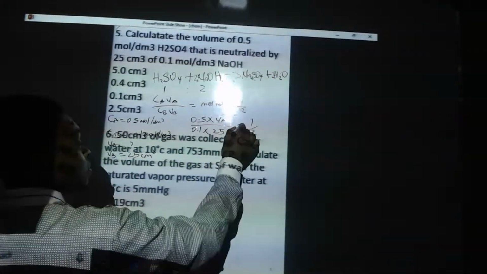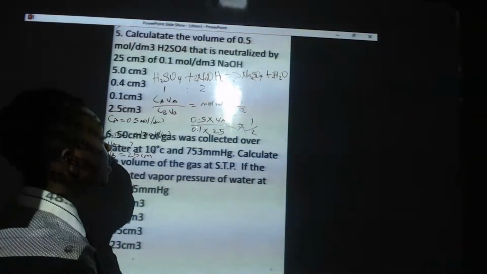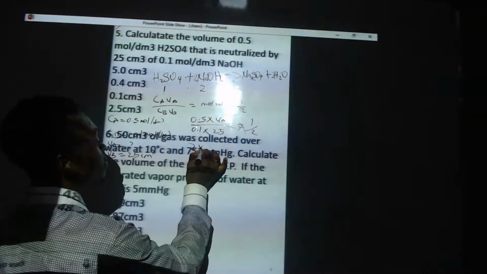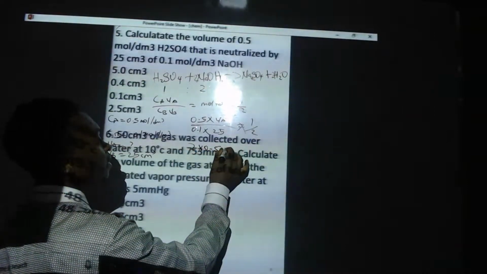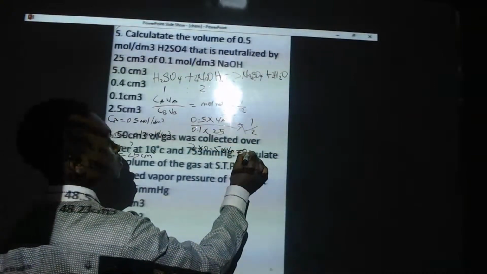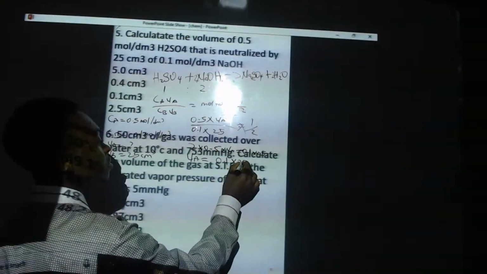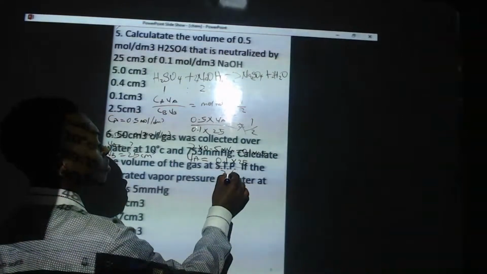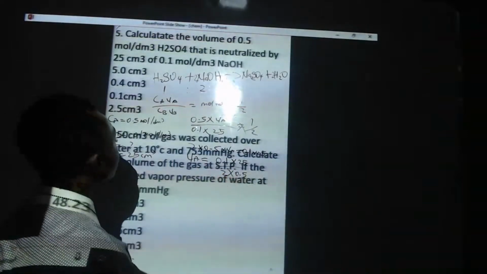Now you do your cross multiplication here, then you will be getting Va equals 0.1 times 25 over 2 times 0.5.